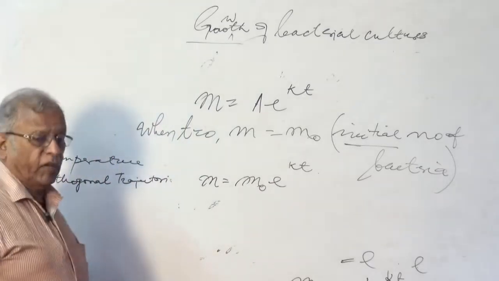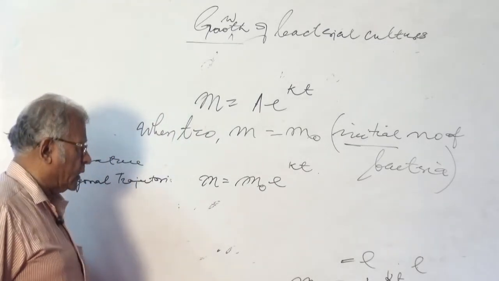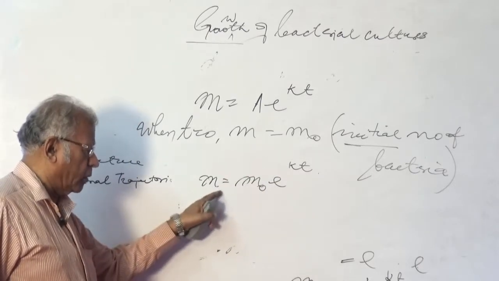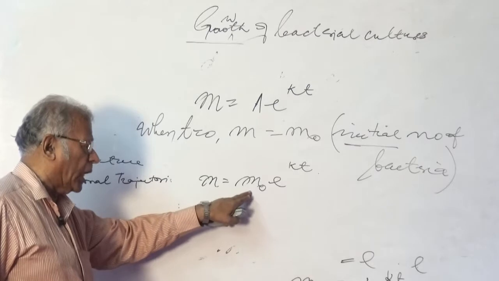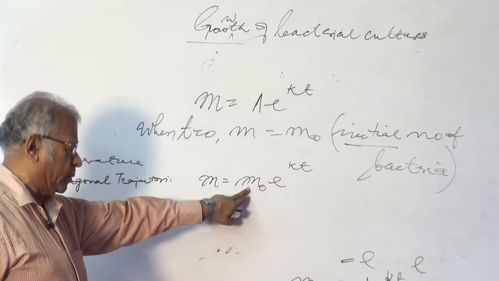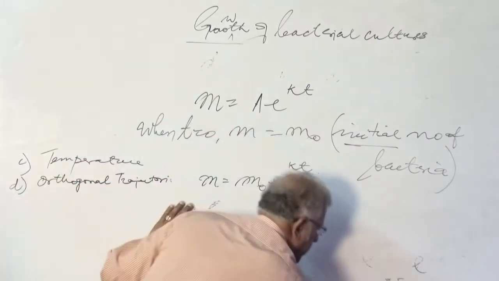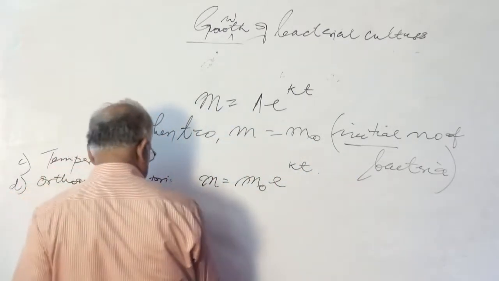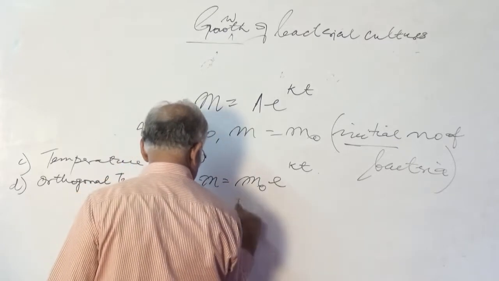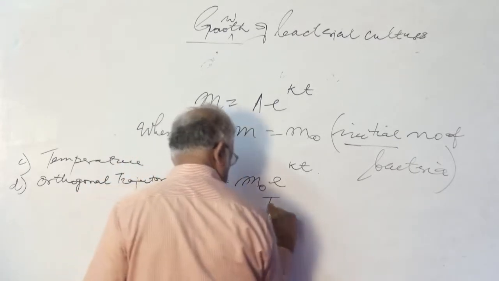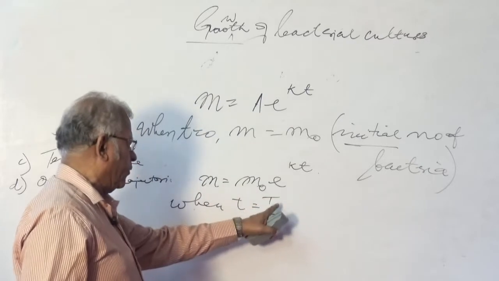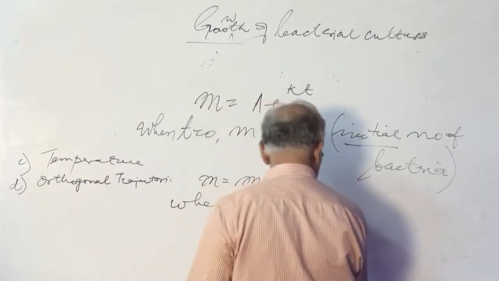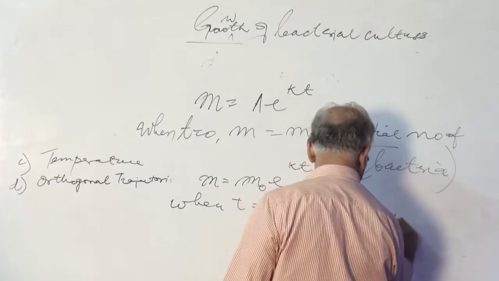Now instead of half-life, we can do one thing. We can ask ourselves, how much time will it take for this mass, or number actually, to get to 2 times the initial number. So when t is T2, this is the time taken for the culture to double, m becomes 2m naught.